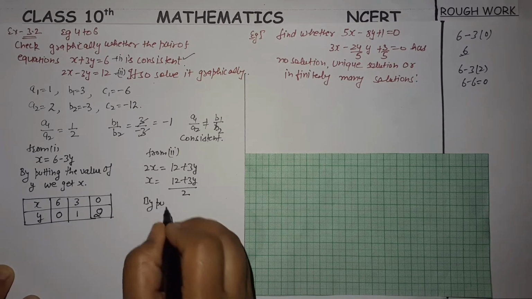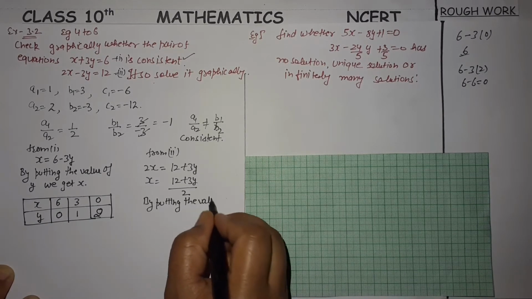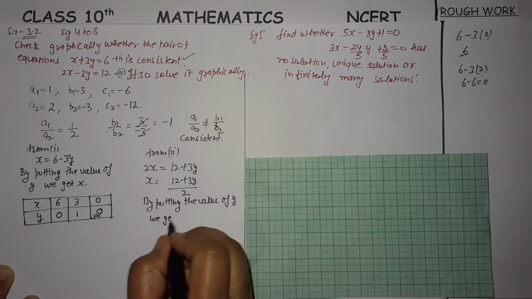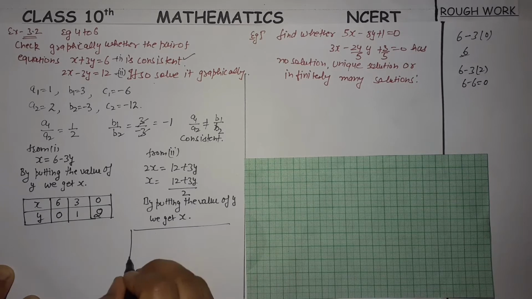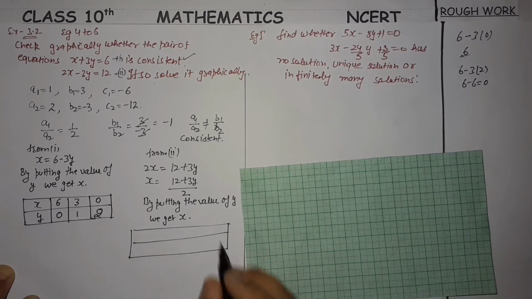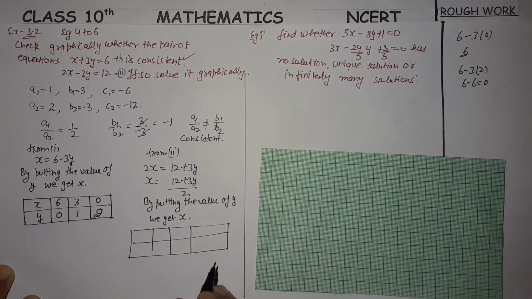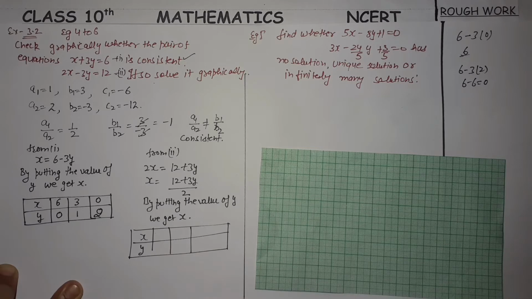Again, by putting the value of y, we get x. Make a box. Here also we will find 3 solutions.